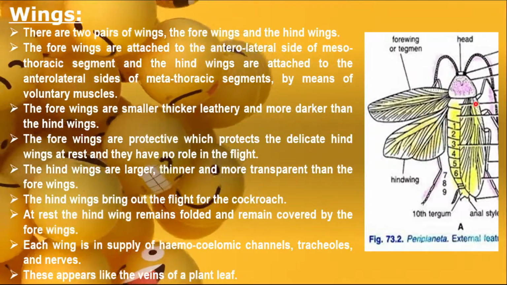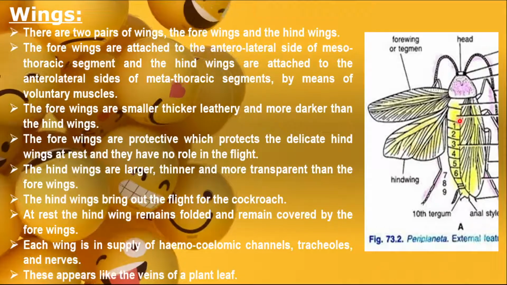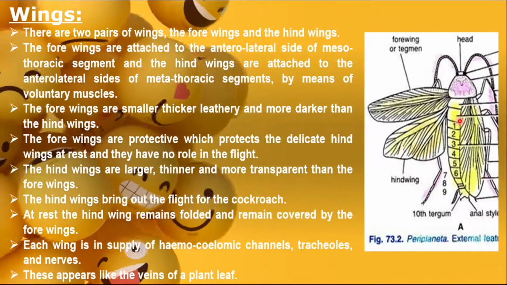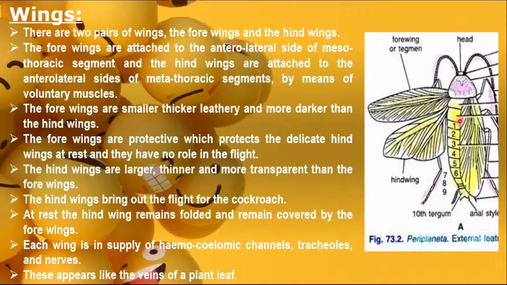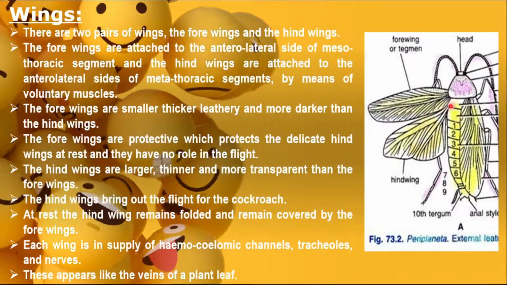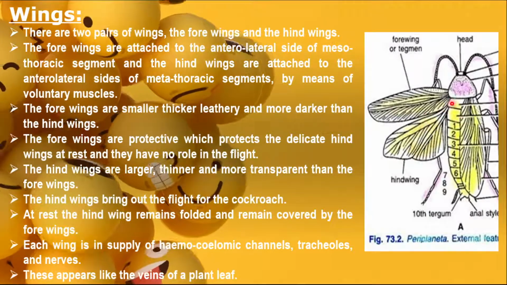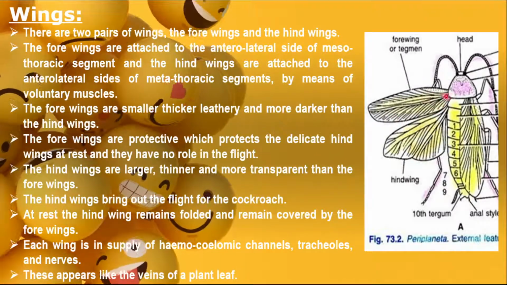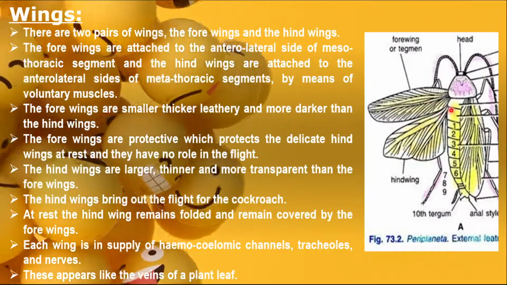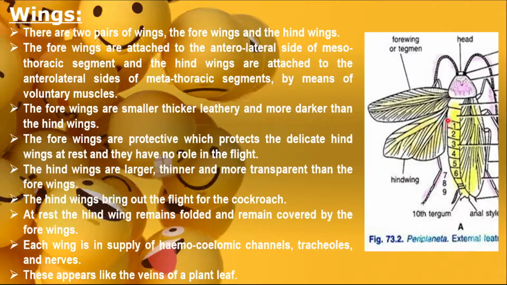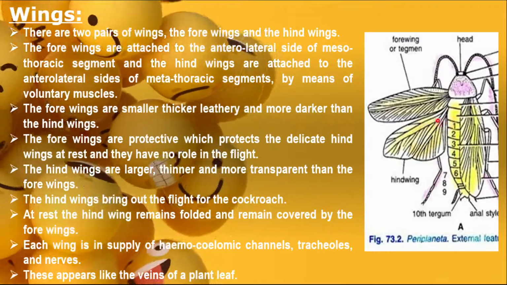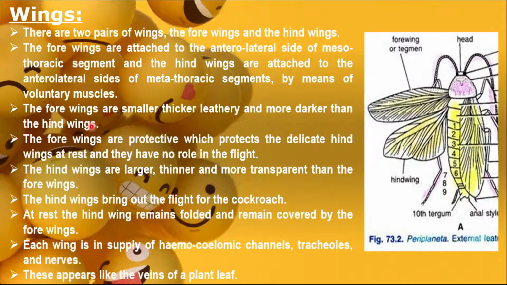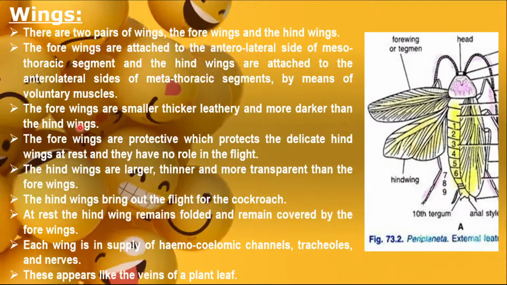Voluntary muscles are present in this thoracic region. At the joining of prothorax and mesothorax the forewings are attached, and at the joint of the middle and third segments, that is mesothorax and metathorax, the hind wings are attached, made up of voluntary muscles.